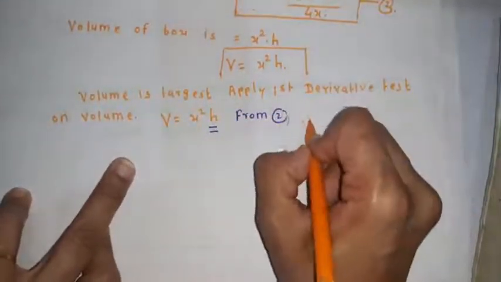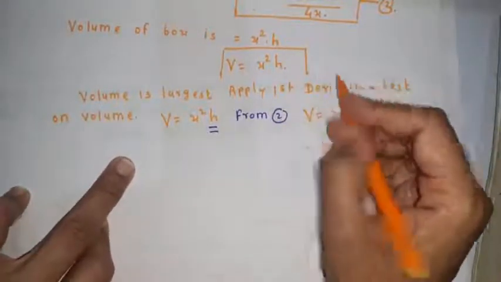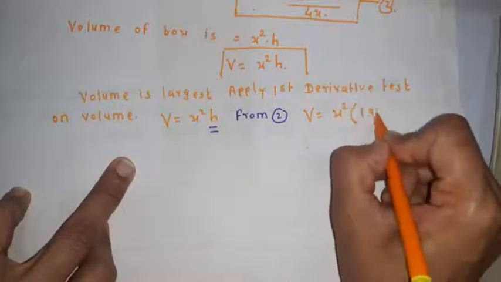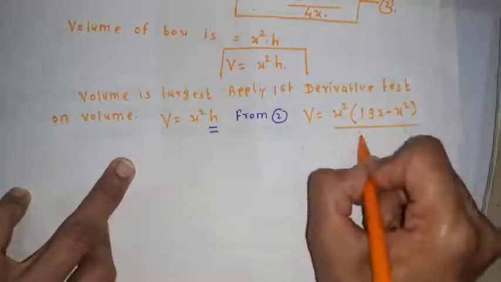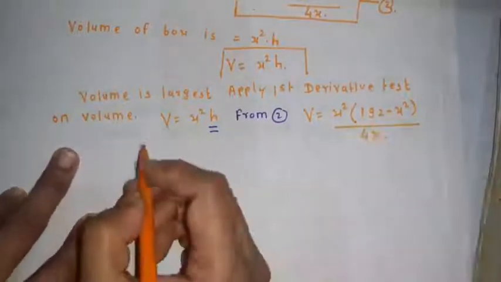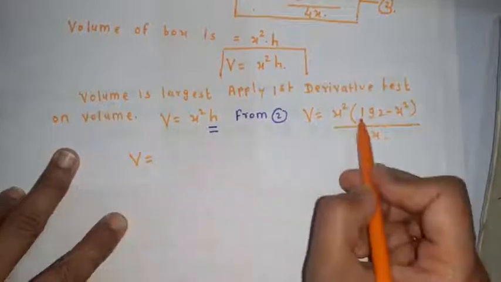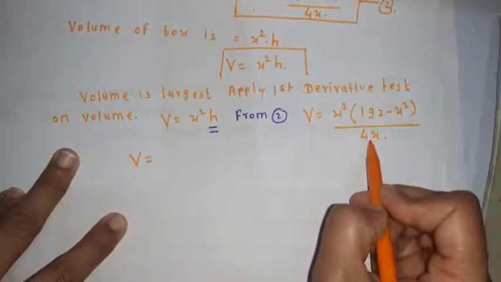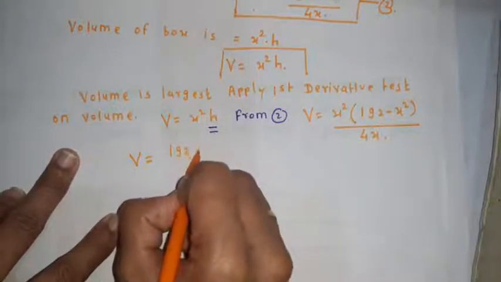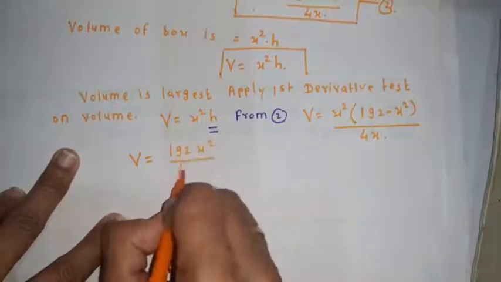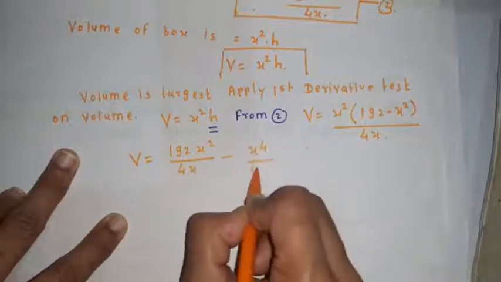We will get V equal to x square into, what is the value of h? That is (192 minus x square) upon 4x. And hence the volume V equal to 192 x square upon 4x minus x raised to 4 upon 4x.